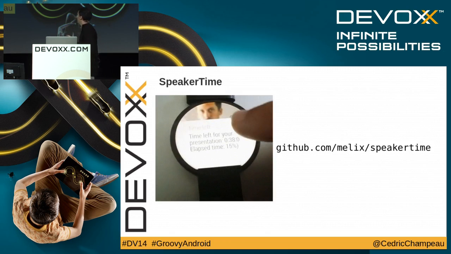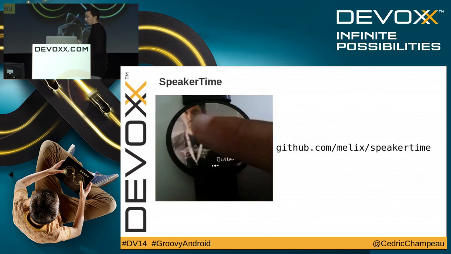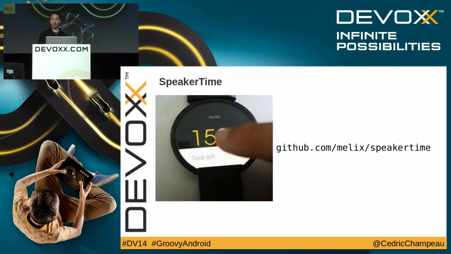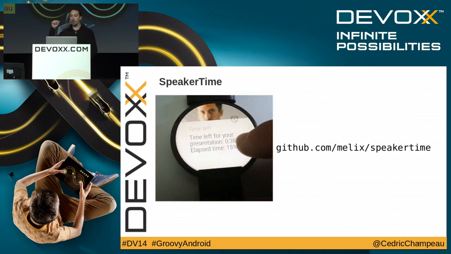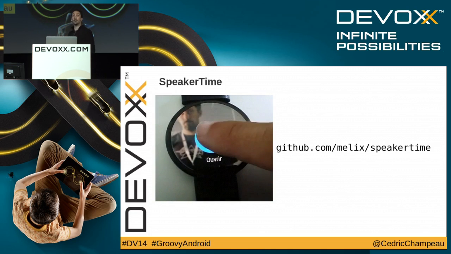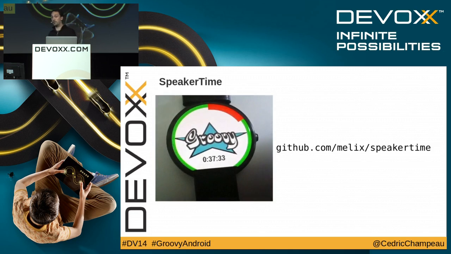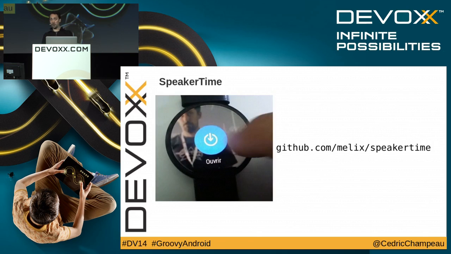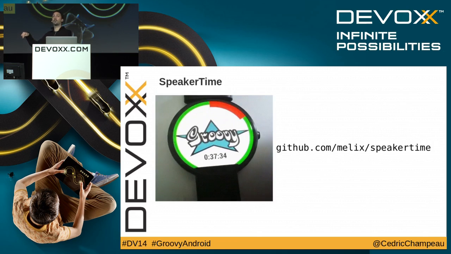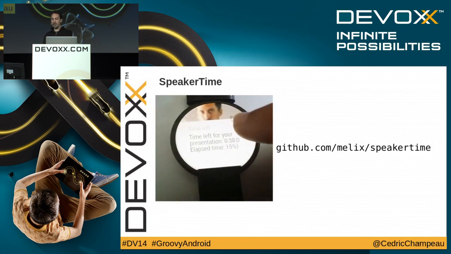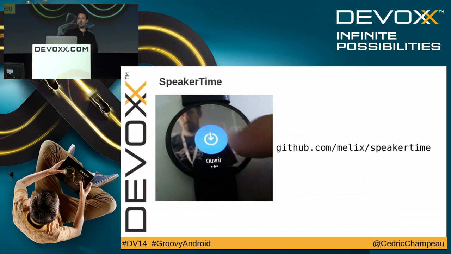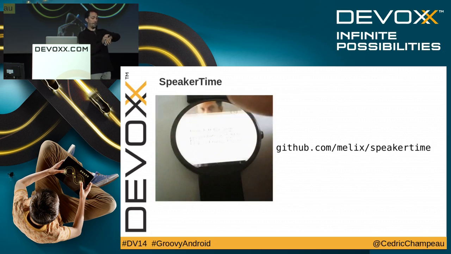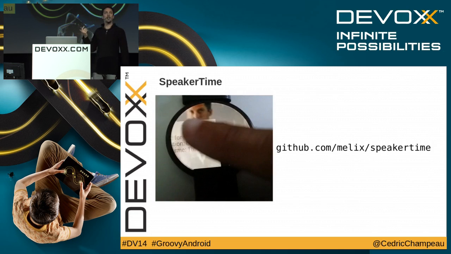So this is actually an application that I'm using right now. It's an application that I wrote just as sample code that is available on GitHub, and it's for speakers. The idea is that you know how much time you have left in your presentation, so you can speak to your watch and tell it, okay, I'm doing a presentation for 60 minutes, and then it's synchronized with my phone here, and it tells me, okay, you have 40 minutes left.